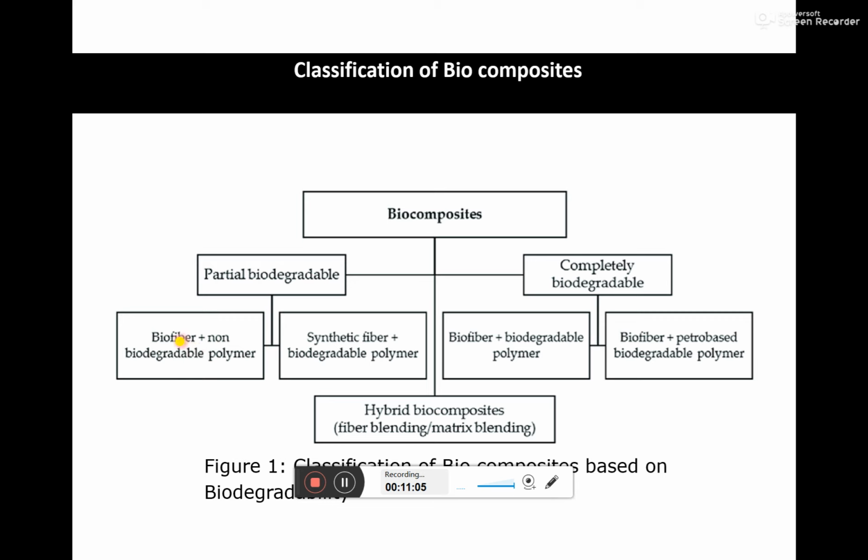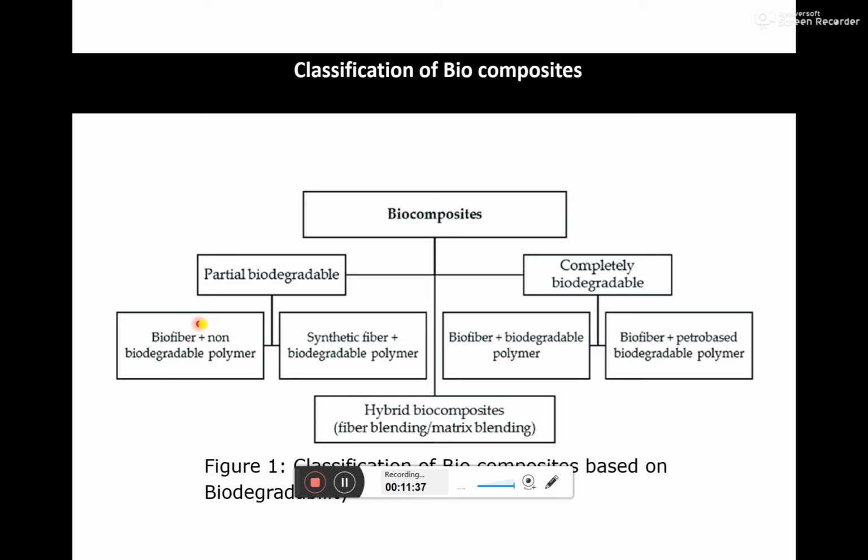Here biofiber is related to the reinforcement. We can use pineapple fiber, we can use banana fiber. These are plant-based fibers, so we can use such biofiber with the matrix material. Like we can use normal epoxy resin as the matrix material. Such a type comes under biofiber plus non-biodegradable polymer.